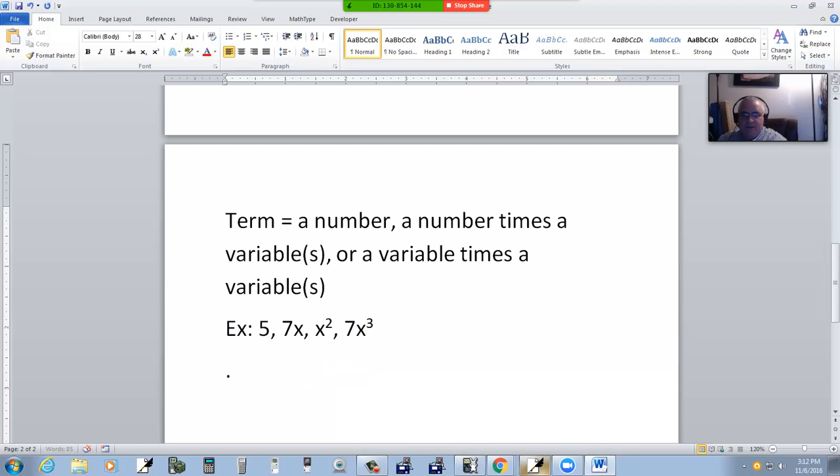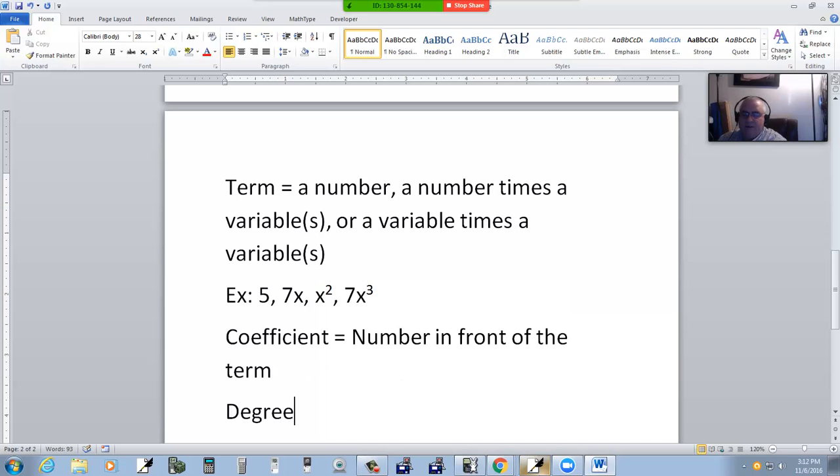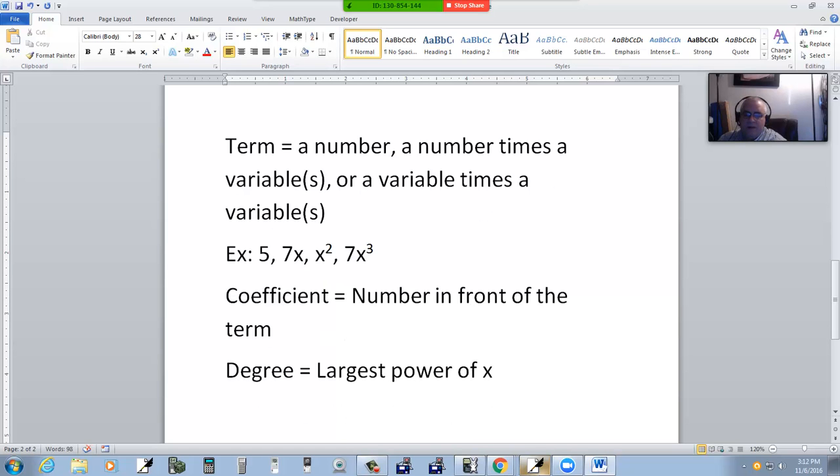Now we have something called a coefficient. This is the number in front of the term. We have our degree, which is the largest power of x. And then we got something called like terms. This is where they have the same variable.